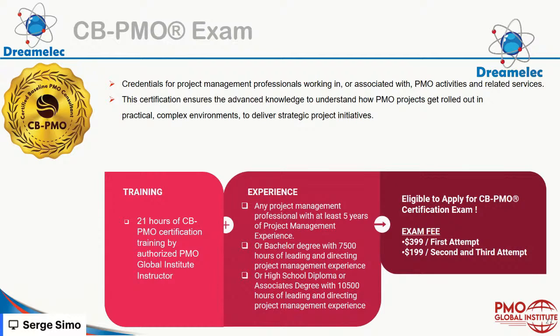And once that is approved, you have 1 year to pass your exam. And the exam fee is $399 for the first attempt. And the second and third attempts are priced $199. Yeah, that is the certification.